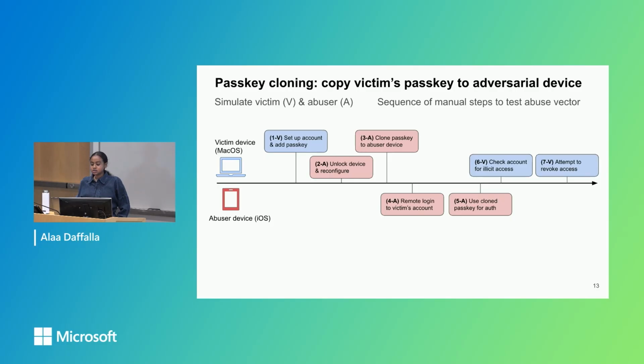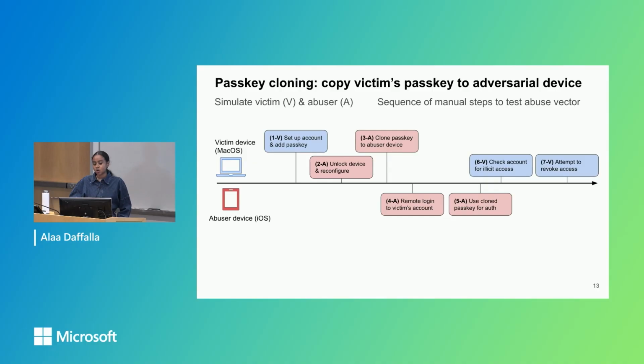So as we can see, this is a step-through protocol for passkey cloning. It involves a number of steps, and each step, when applied to a real-world service, will translate to a single or multiple UI paths, depending on the service's implementation of passkeys and the management options that are available.